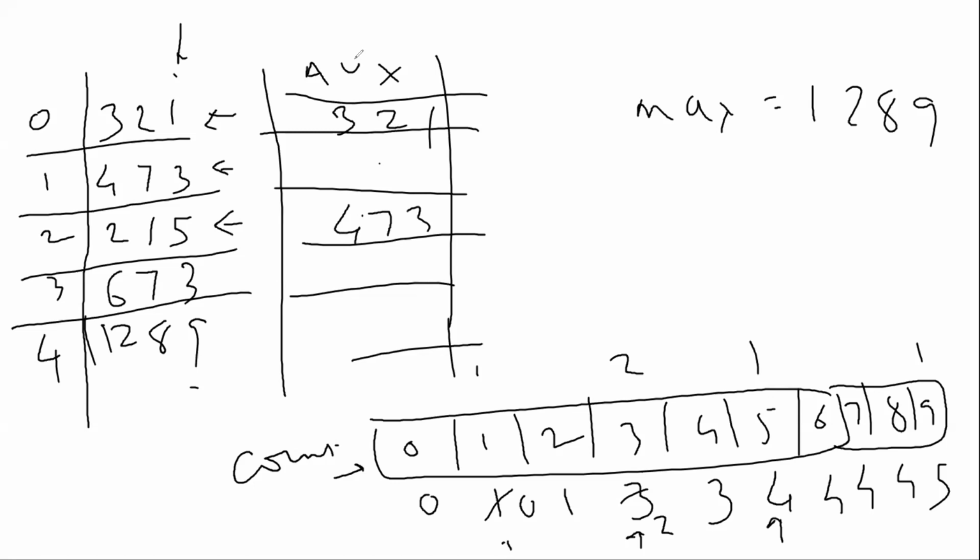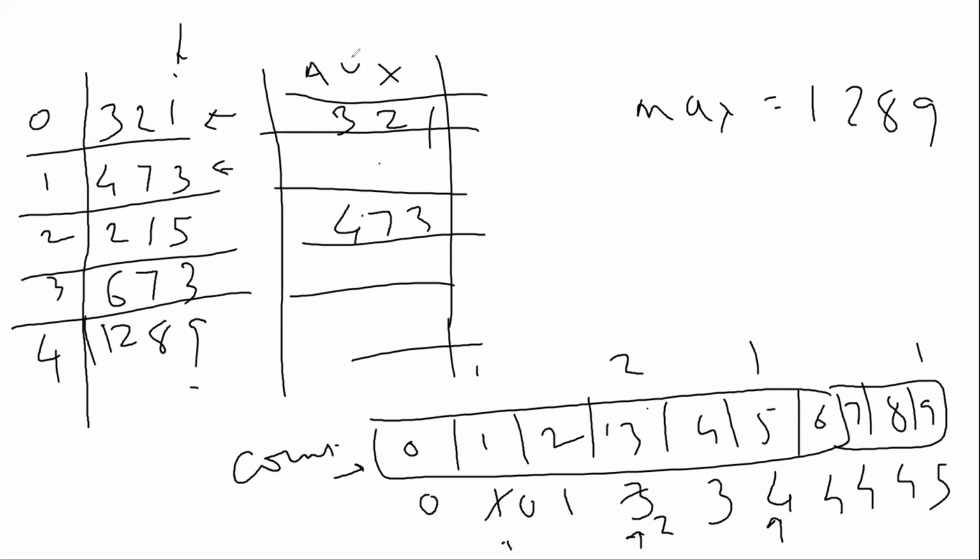Okay, I'll go back to this one. When I was at 4, 7, 3, I just took the last digit, which was 3. So I come to this index 3 on the count array and find what the value is.